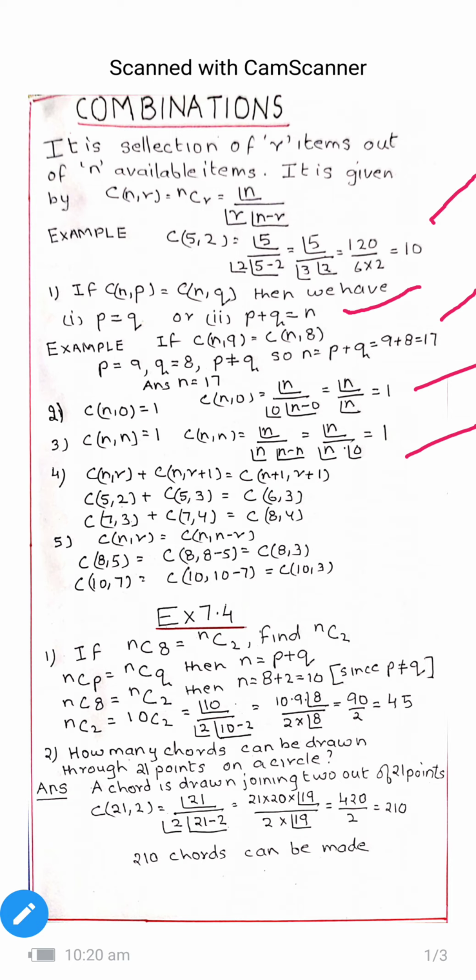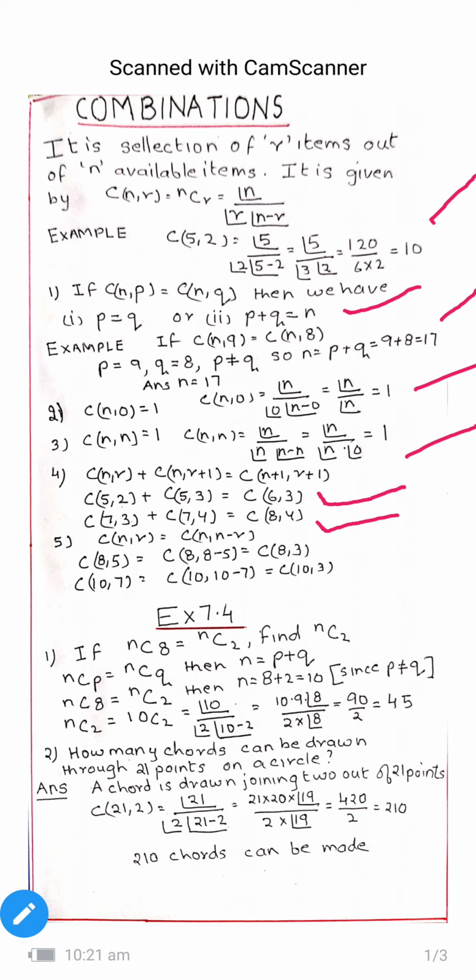What is 6? n plus 1. What is 3? r plus 1. So 5C2 plus 5C3 we need not calculate, it will straight away become equal to 6C3. Similarly, 7C3 plus 7C4 we need not calculate, it will become automatically equal to 8C4.